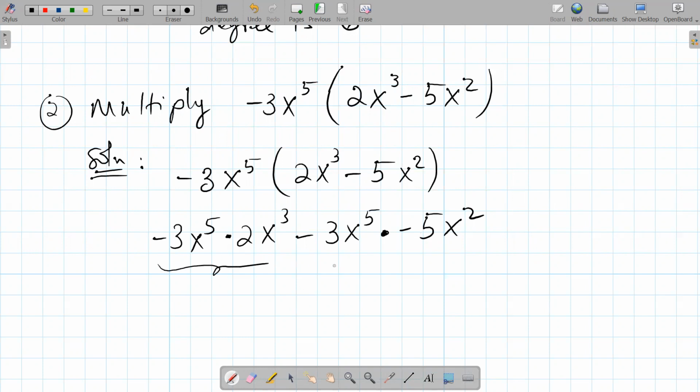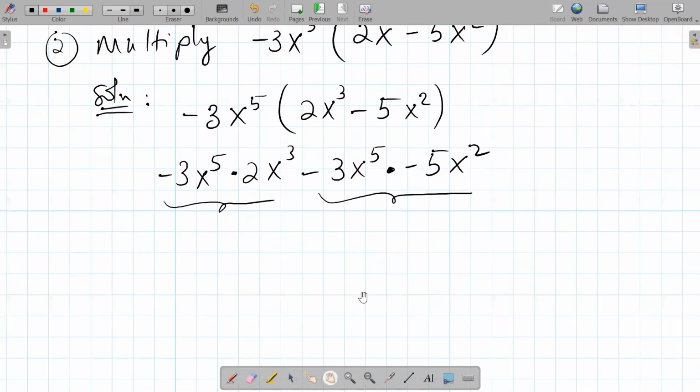Look at it this way and look at it that way. See that -3 times 2 is -6. And then with the x to the 5th power, x to the 3rd power, we use the product rule. So we keep the base x the same, and then we're going to sum up the powers. So 5 plus 3.